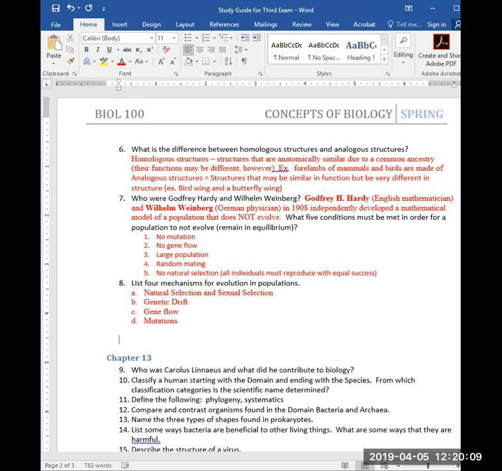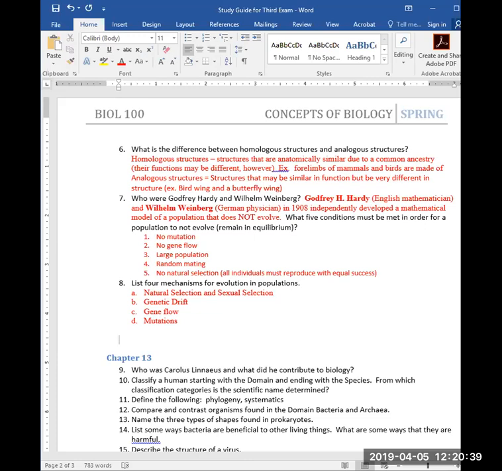Sometimes there's a disaster, something catastrophic, let's say, like a tsunami or something, and it wipes out a bunch of individuals. That population is going to evolve or change after that. And that's called genetic drift.